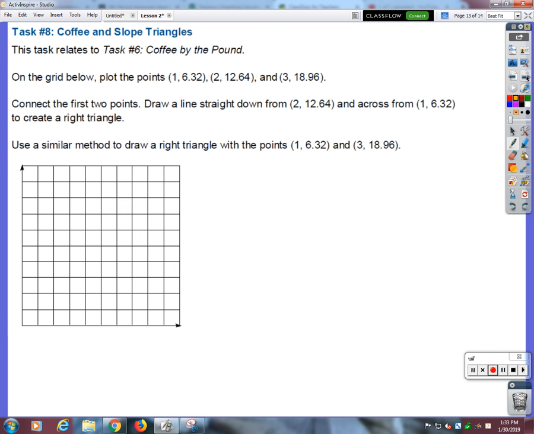So, if I got to get all the way up to like 19-ish, 1, 2, 3, 4, 5, 6, 7, 8, 9, 10, if we go by twos, it should be good.